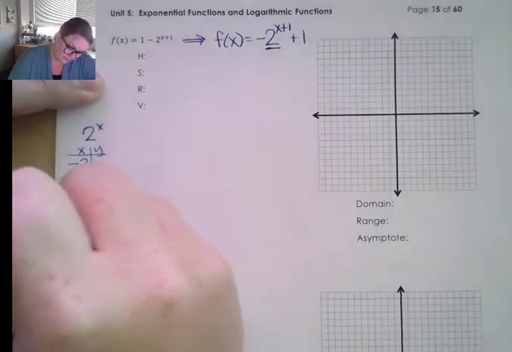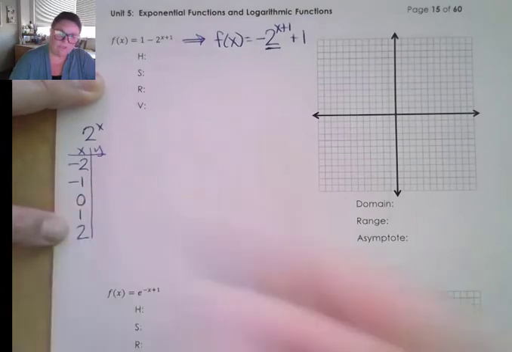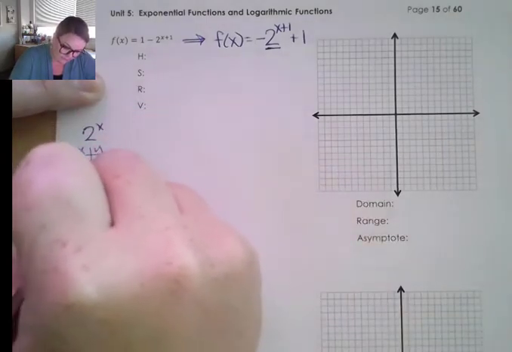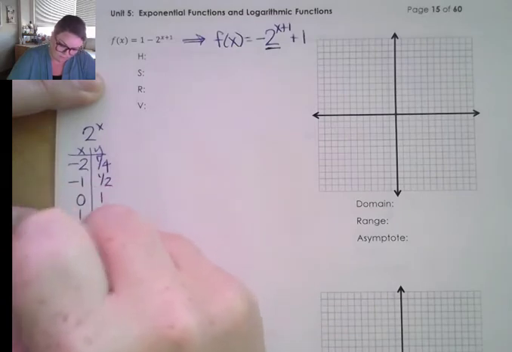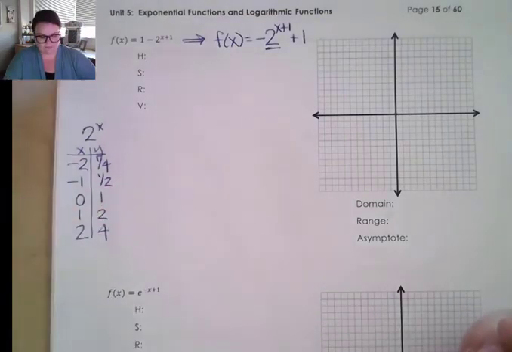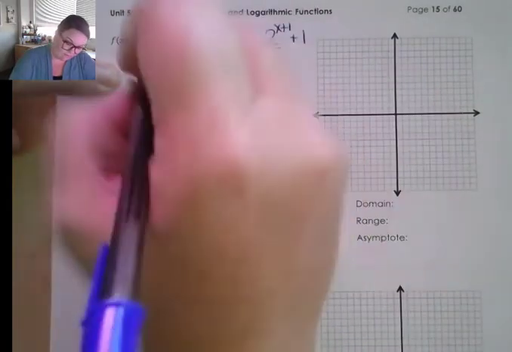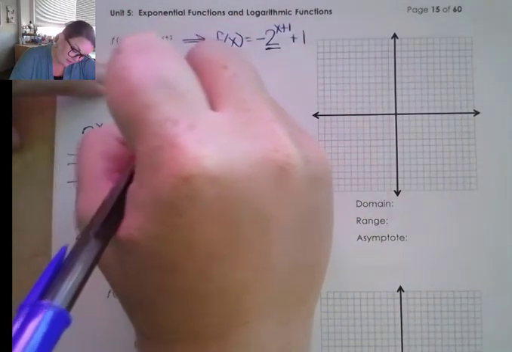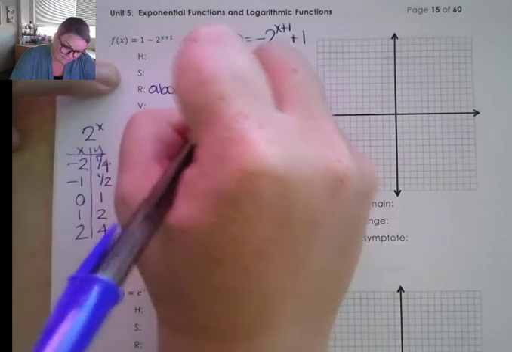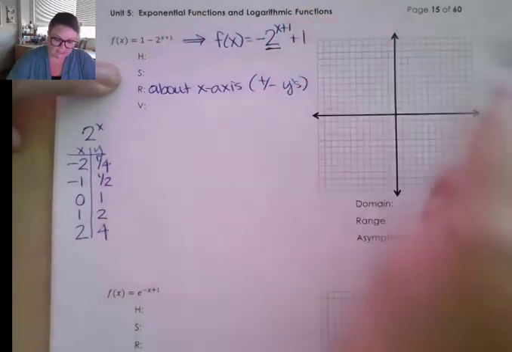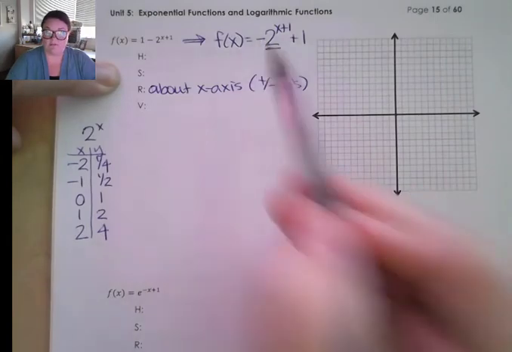And again, I'm going to plug in -2, -1, 0, 1, and 2, which gives me 1/4, 1/2, 1, 2, and 4. And then I'm going to identify our transformations. The negative out front is a reflection about the x-axis, because we're negating our y's, or we're changing the sign of our y's if our negative is out front.